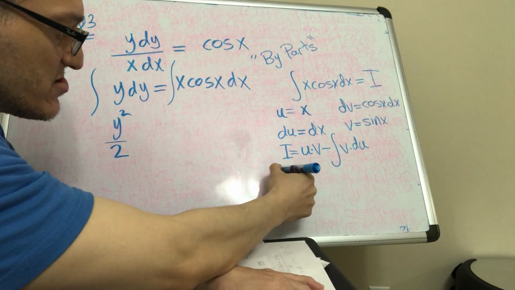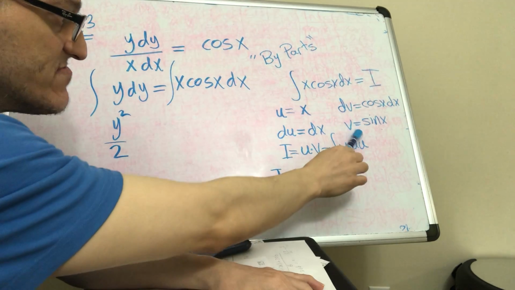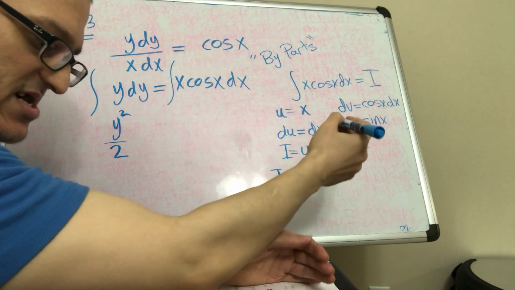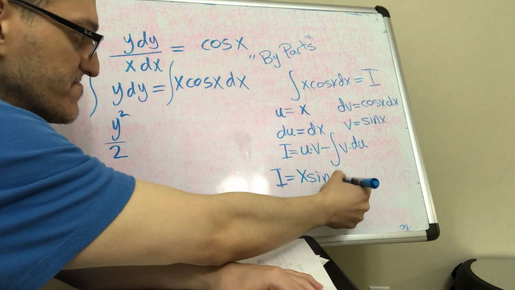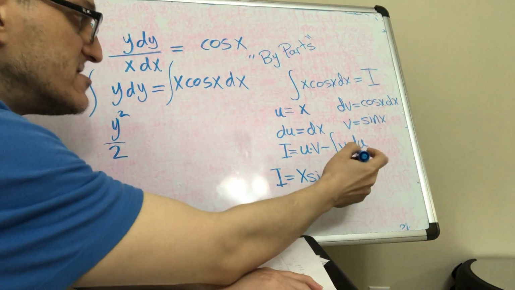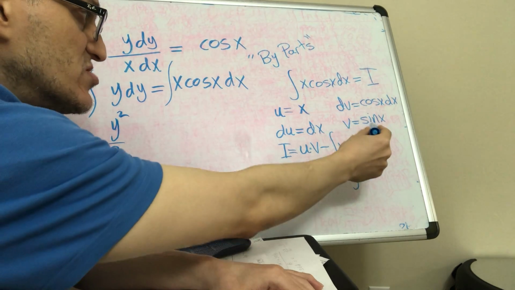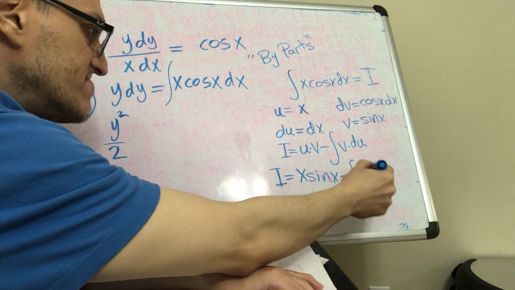So I equals u times v, which would be x times sine x, minus v du, which would be sine x dx.